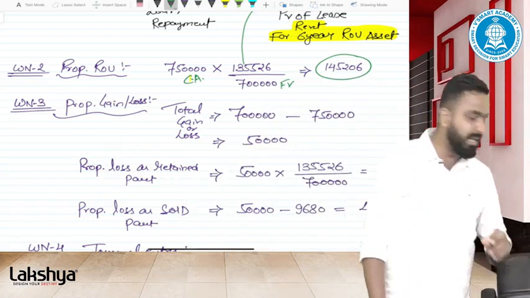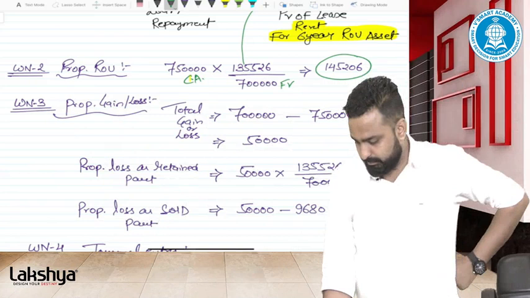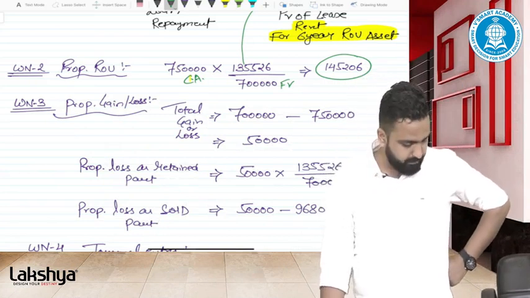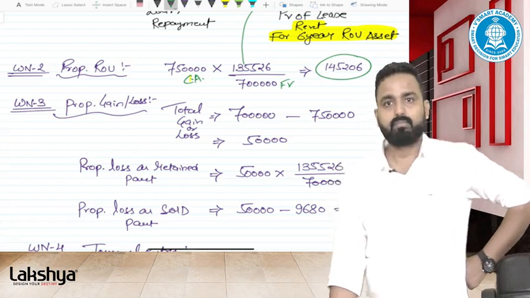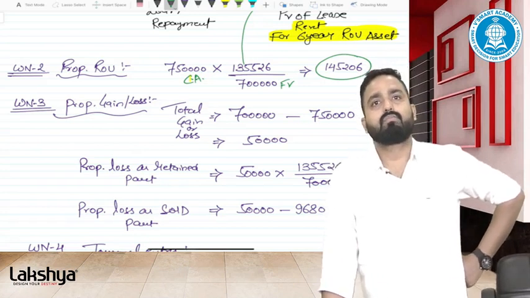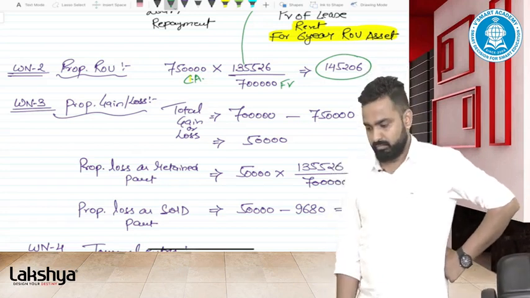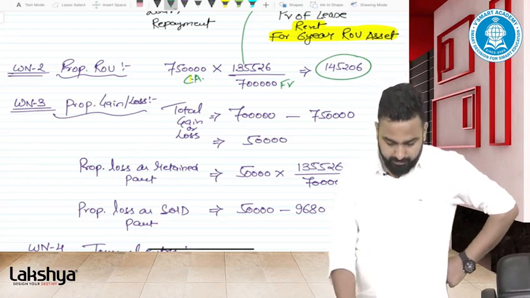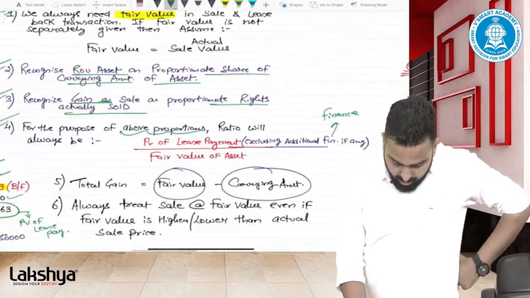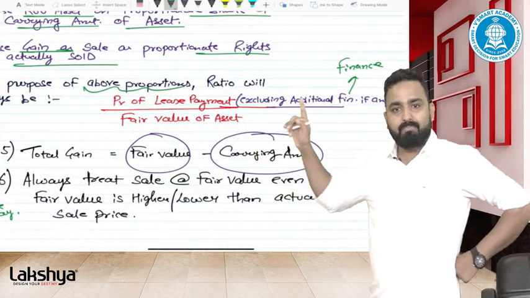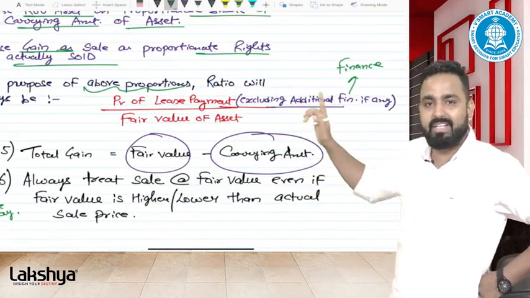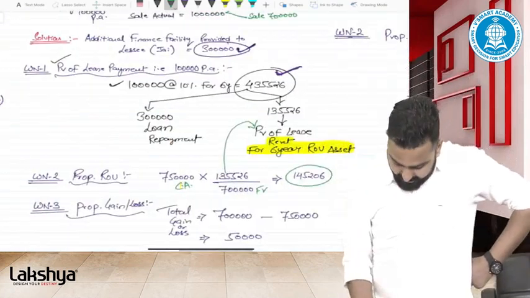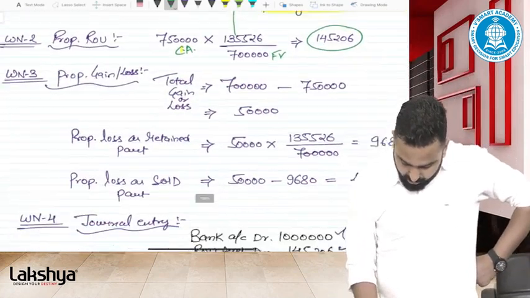Okay. Now, do you get that point, that why we are deducting this additional finance facility? Okay. Now, the third working note.